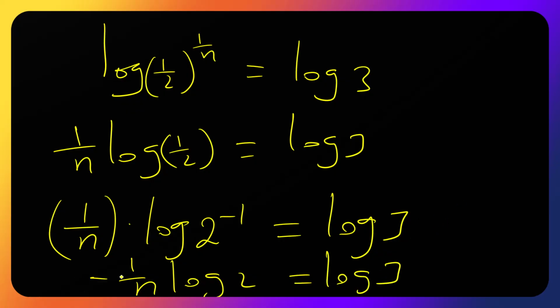And we can divide both sides by minus 1. So that will be 1 over n log 2 equals negative log 3.